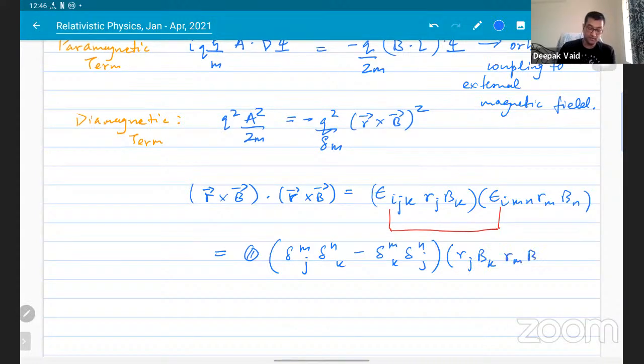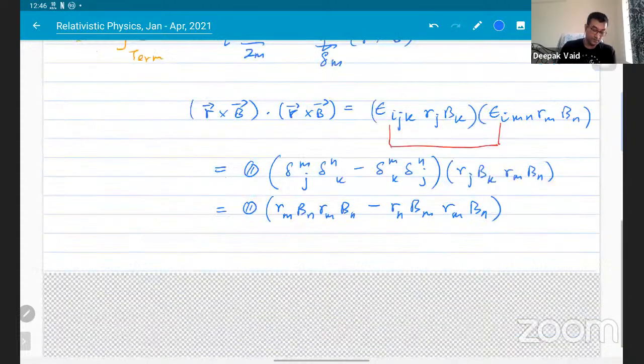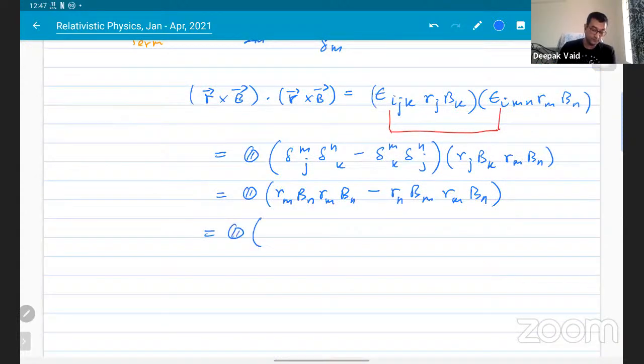rj bk, rm bn, and so this will give you rm bn, rm bn minus rn bm times rm bn, which is equal to R square B square minus R dot B square.